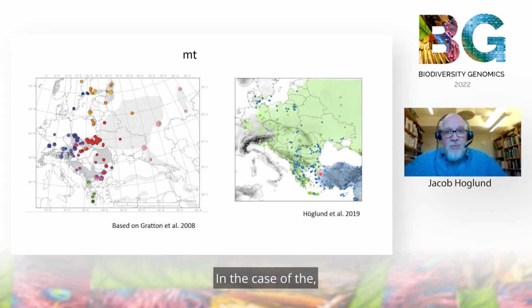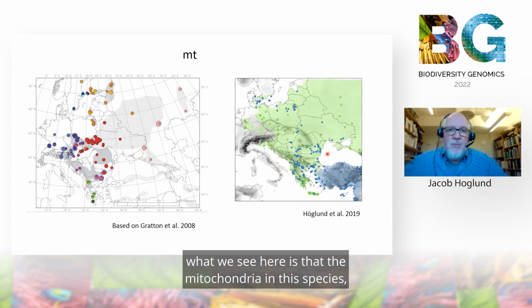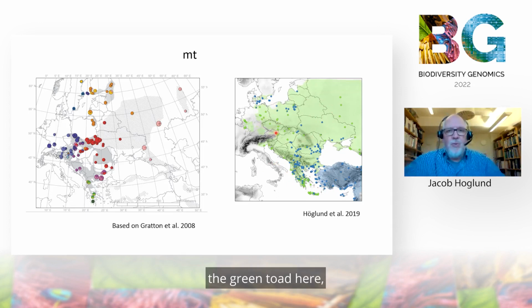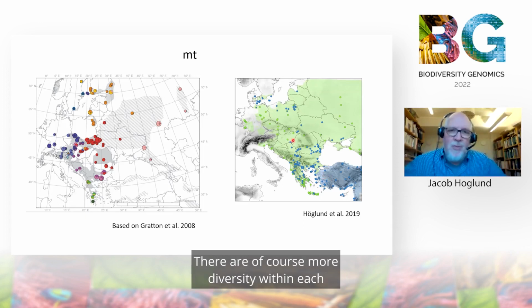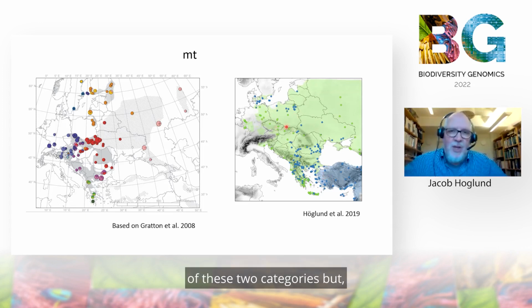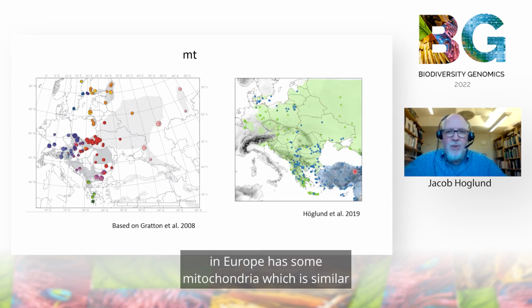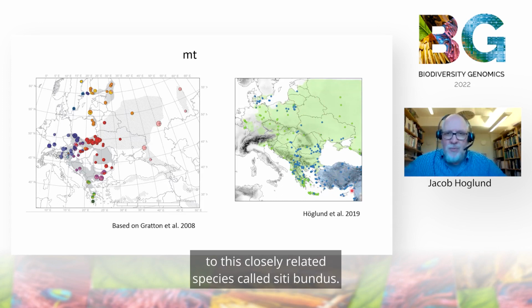In the case of the toad, what we see here is that the green toad actually has two different kinds of mitochondria. There is, of course, more diversity within each of these two categories, but many of the green toads in Europe have a mitochondria which is similar to a closely related species called variabilis.